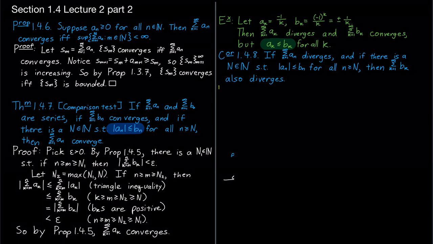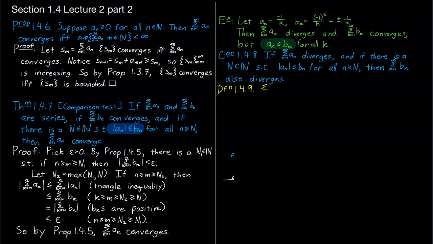Next up, we're going to write a definition. The basic idea behind this definition is what happens if we apply Theorem 1.4.7 with BN being the absolute value of AN. If your absolute value converges, then of course you converge, but the reverse is not true. The alternating harmonic series is the classic example of that.